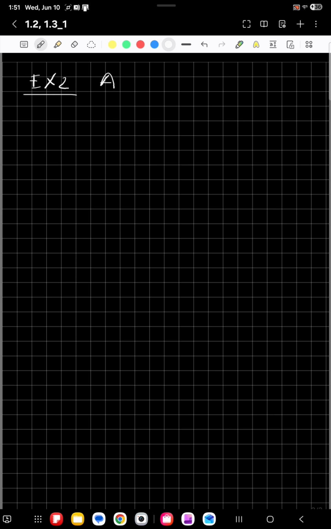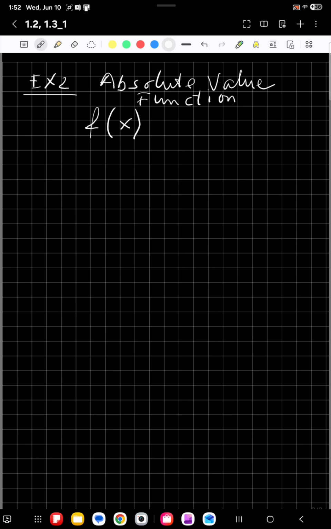I should have written what that other function is. It was a rational function. But anyway, too late now. So absolute value function. You guys know what that is. So it's f of x equals absolute value of x.